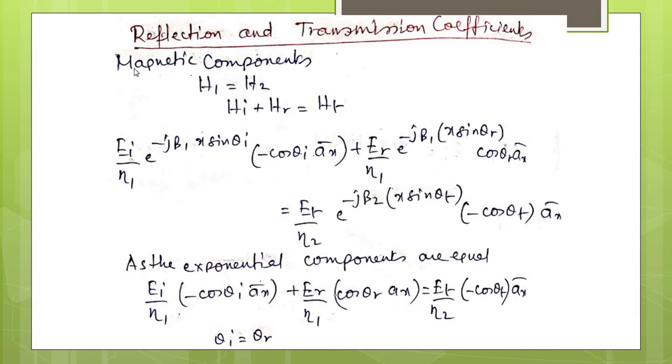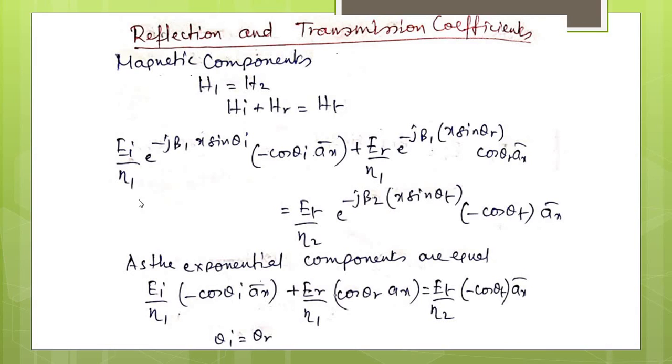For this we need to start with the magnetic components. H1 is equal to H2. H1 is the total field in medium 1, which is equal to Hi plus Hr. In medium 2 we have Ht. So Hi plus Hr is equal to Ht. Here also exponential terms are equal, so we can just neglect these exponential terms and write the remaining terms.